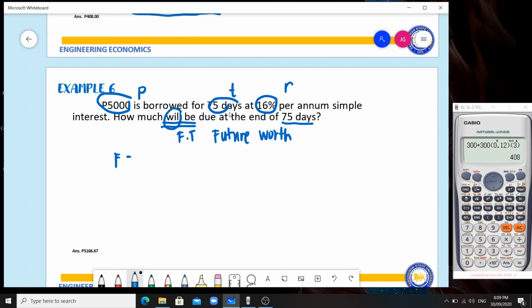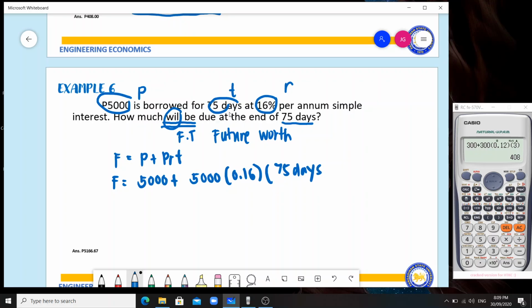So, F is equals to P plus PRT. Okay? F is equals to 5,000 plus 5,000 pesos times 0.16, which is the rate, and the time, which is 75 days. Kailangan maging year siya.